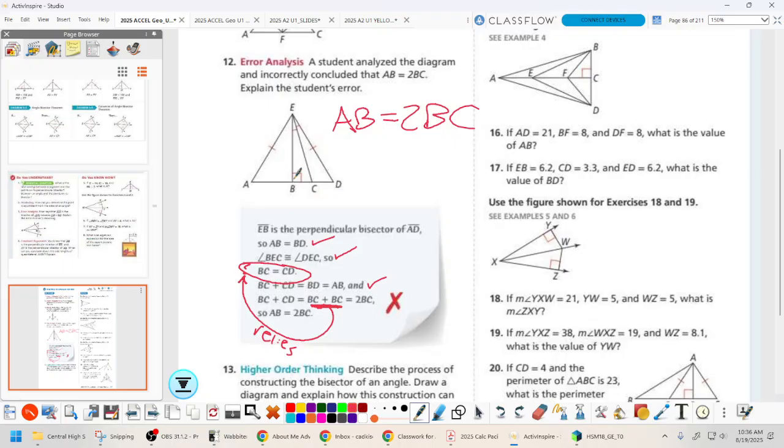So don't use pictures to say, oh, it looks like. No. By the way, I'm not saying that this isn't, I'm just saying that we don't have geometry proof that it is the same. So we have to be careful with that. So that's where the student made the error.